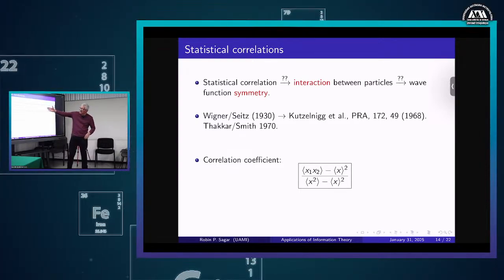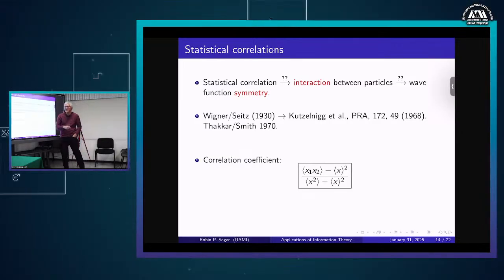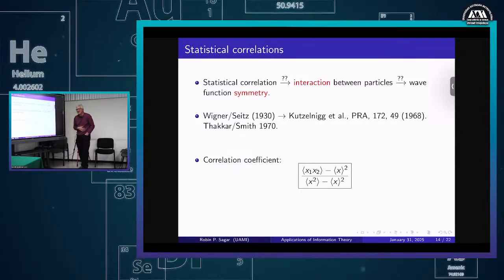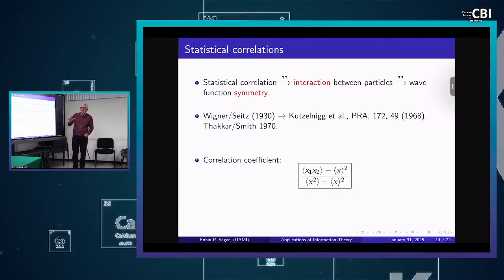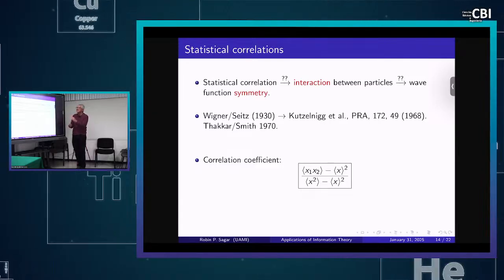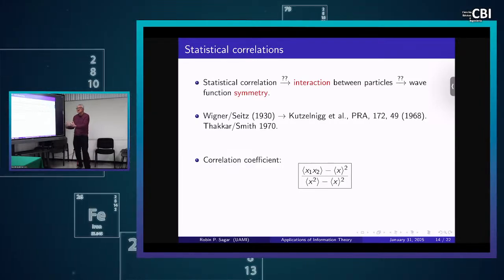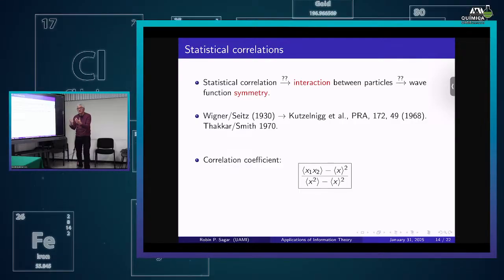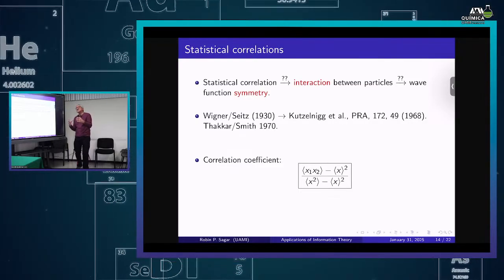Maybe the first was this paper, a very famous paper, Wigner and Seitz, in the 1930s. But really, it was Kutzelnigg and others who planted this idea of using statistical correlations to measure how correlated your system is.